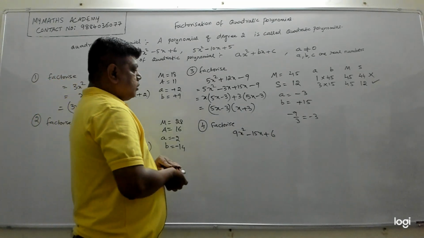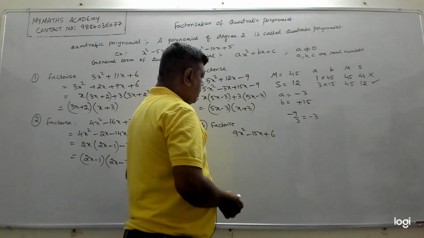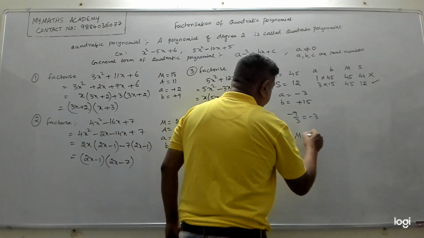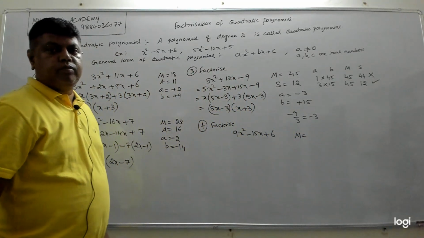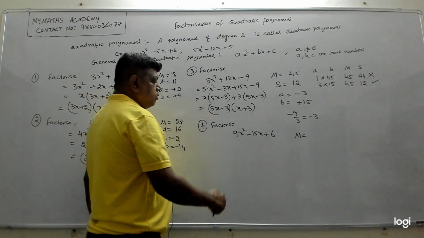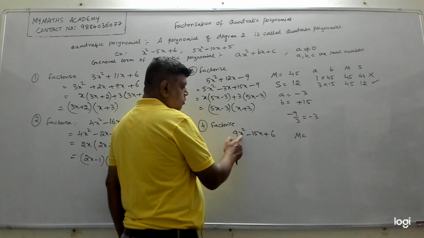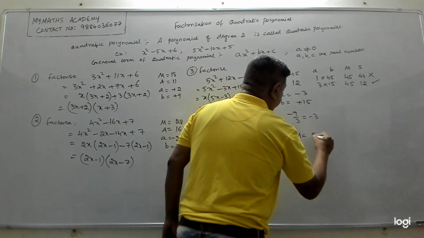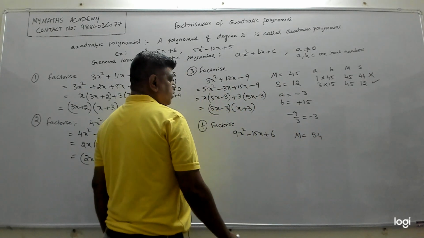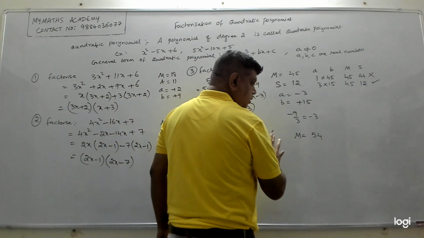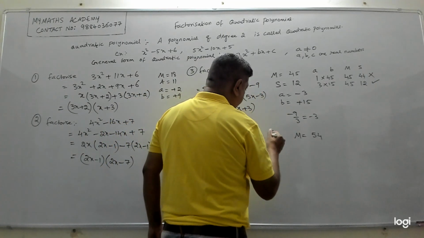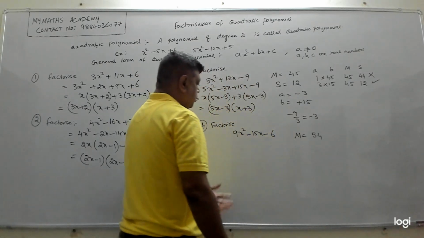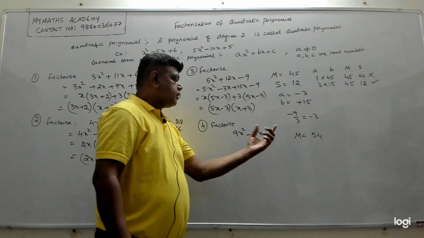Again we'll say m equals multiplication, equal to 9 into 6. First you have to take the coefficient of x square into the constant number. So 9 into 6 is 54. Oh sorry, this is minus, not plus. So the question is 9x square minus 15x minus 6.